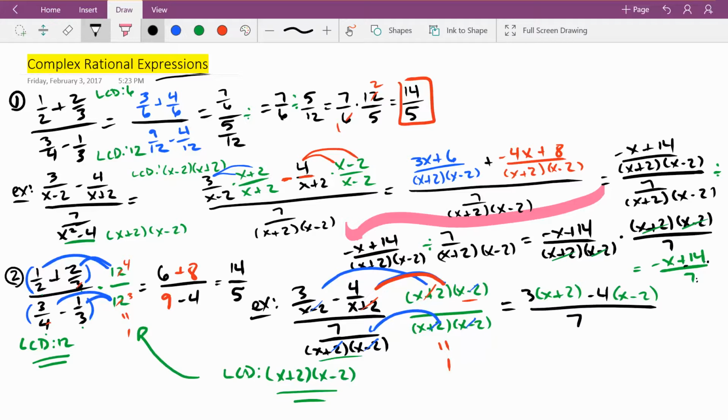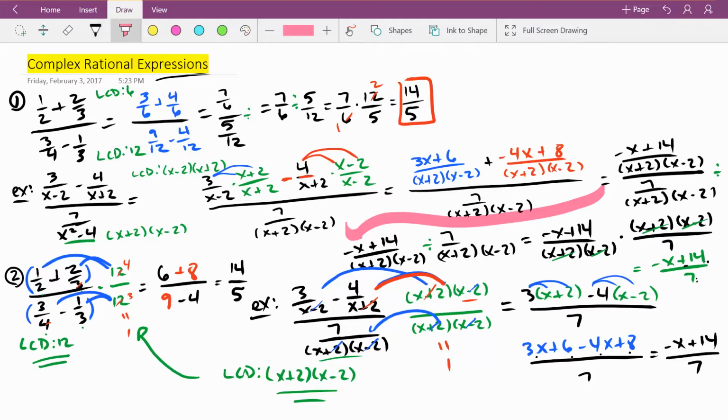Distribute this 3 and this negative 4. 3x plus 6 minus 4x plus 8, all over 7. Combine like terms. 3x minus 4x is negative x. 6 and 8 is 14. And then we have all over 7.